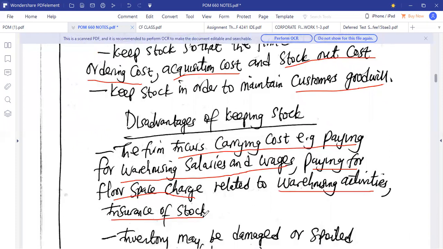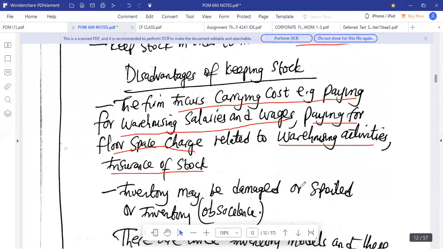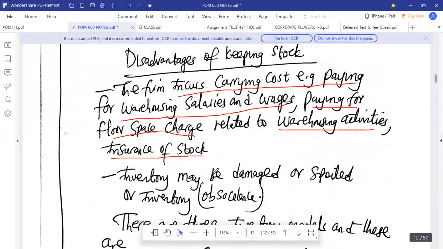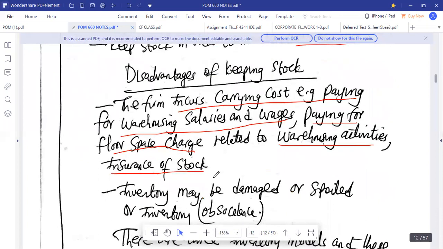So that's a disadvantage of keeping stock. We're paying for people manning your stock, and then the inventory may be stolen, damaged, or spoiled. That's a disadvantage again of keeping stock. Of course, you can think of any other disadvantage of keeping stock or inventory.